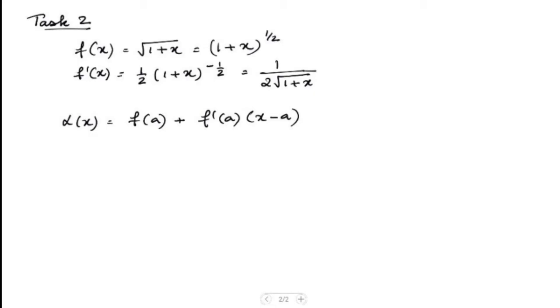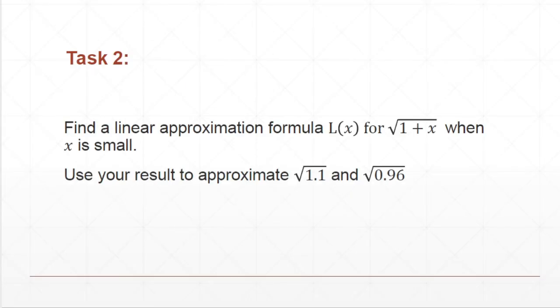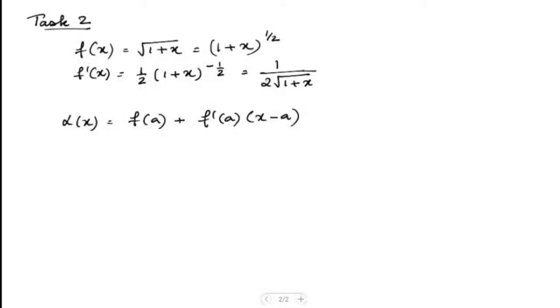Now we have to find it for when x is small. Our function is root 1 plus x here, and we have to find root of 1.1 and root of 0.96.